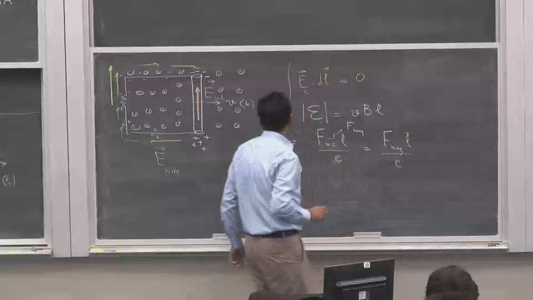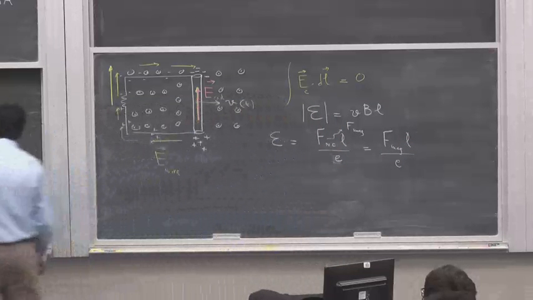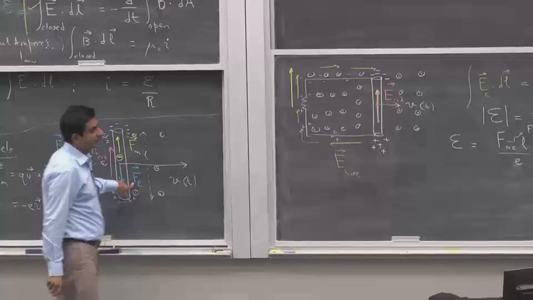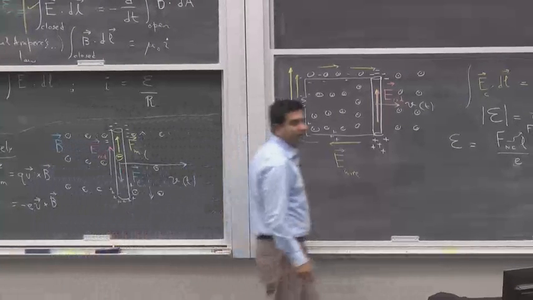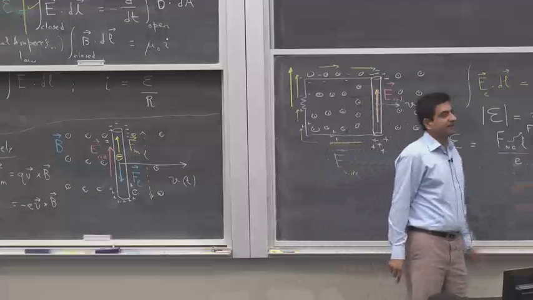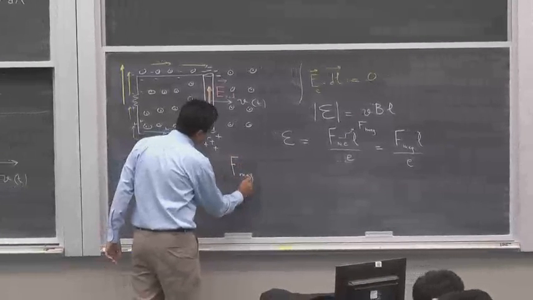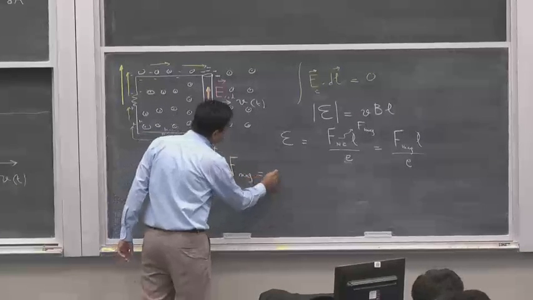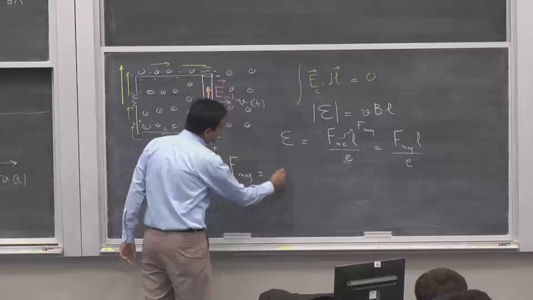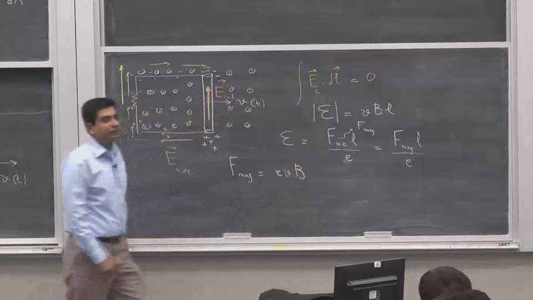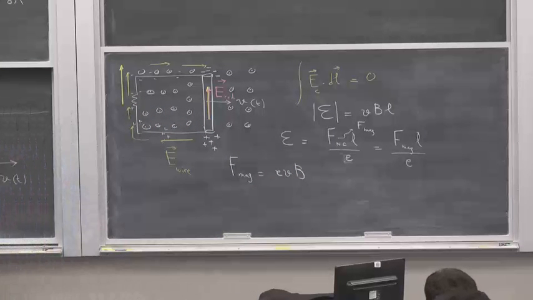But in equilibrium, this F mag, this magnetic force, equals the electric force. Correct? So what is the magnetic force? The magnetic force F mag is given by the charge on an electron, e, v cross B. If you look at this equation, it's simply going to be evB.